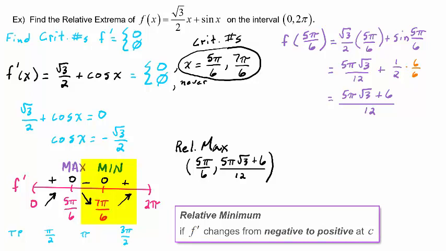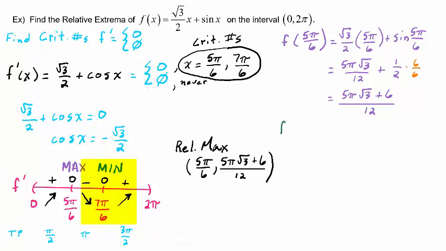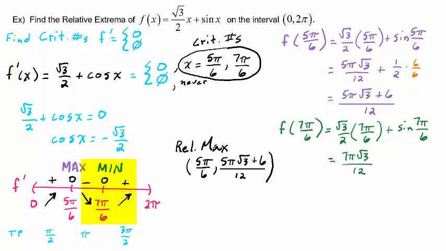So we need to evaluate f of 7 pi over 6. So that will be radical 3 over 2 times 7 pi over 6 plus the sine of 7 pi over 6. And that's going to equal 7 pi radical 3 over 12.